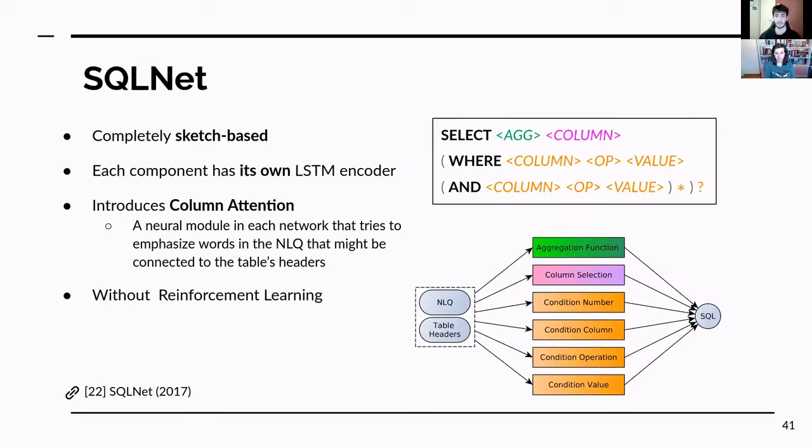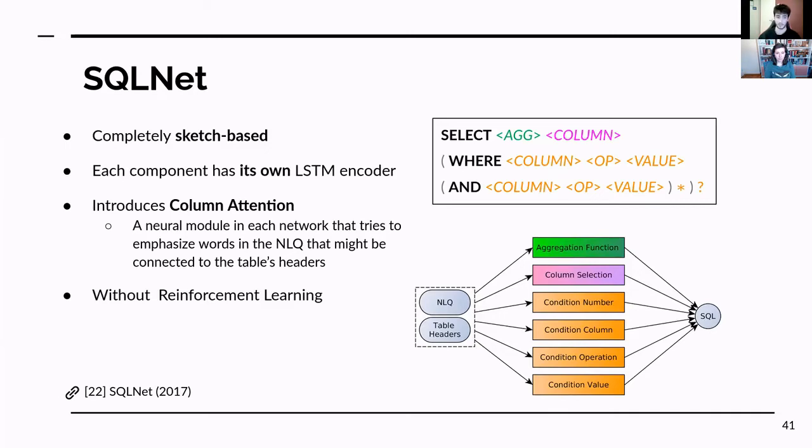SQLNet is a sketch-based system that was proposed to tackle this exact problem. It is completely sketch-based, and it achieves this by separating the network that predicts the where clause into four different networks that predict different parts of the where clause.